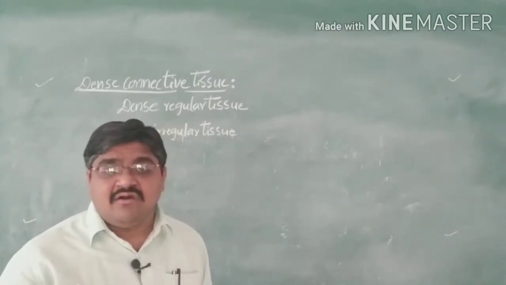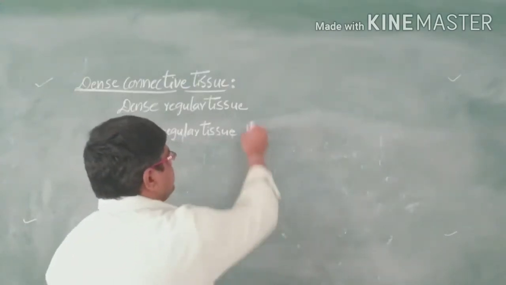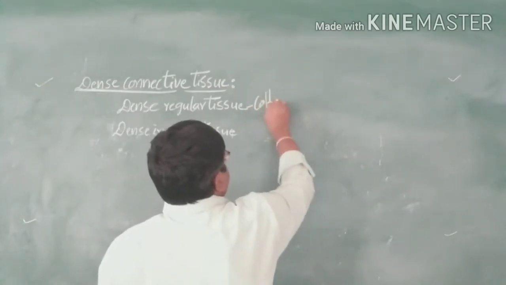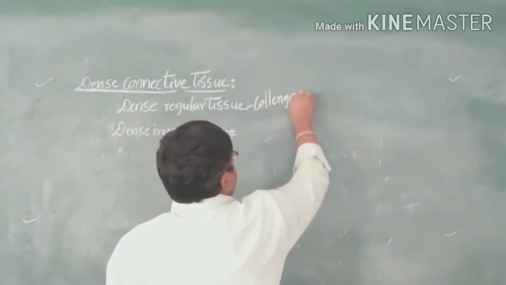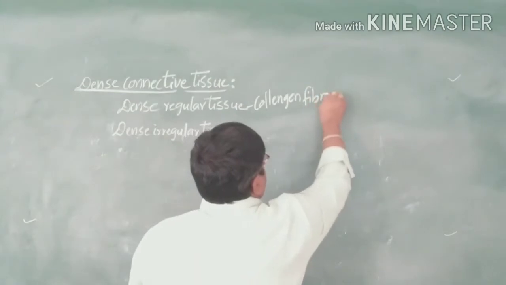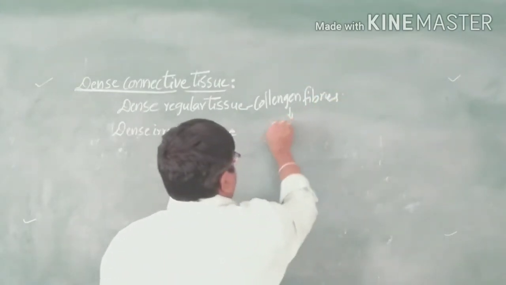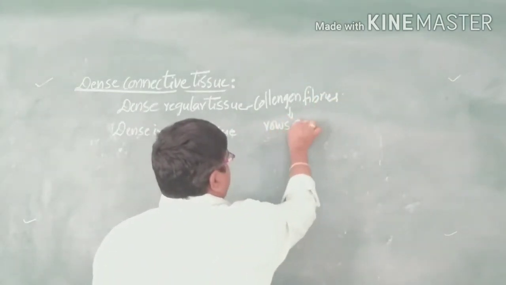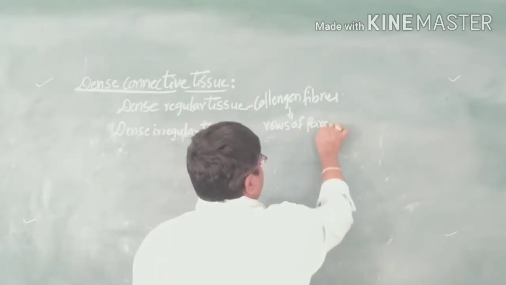This is the arrangement of the collagen fibers: they are arranged in the form of rows of parallel bundles.